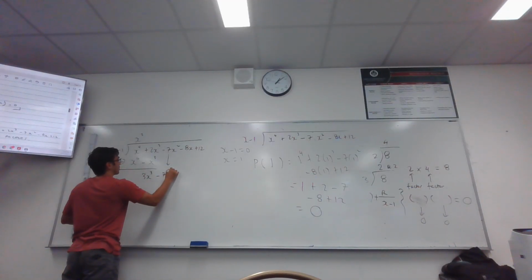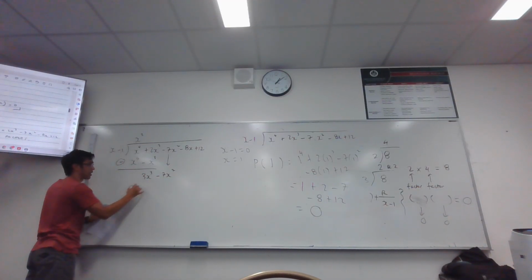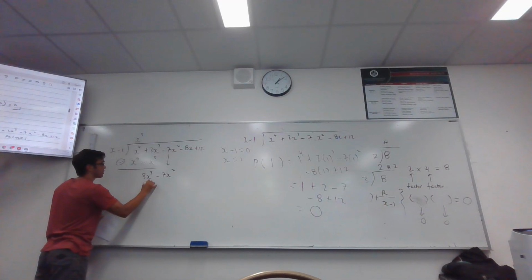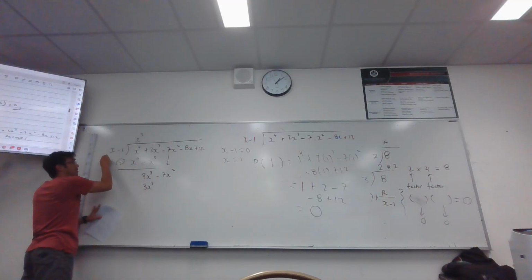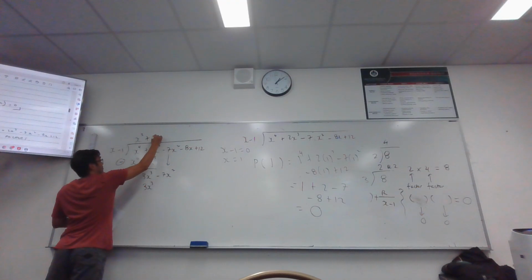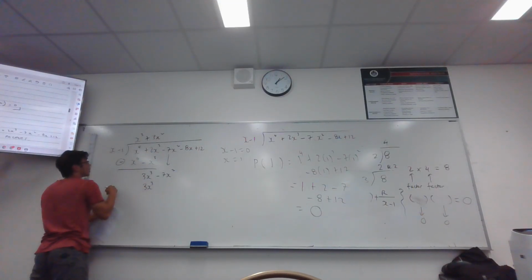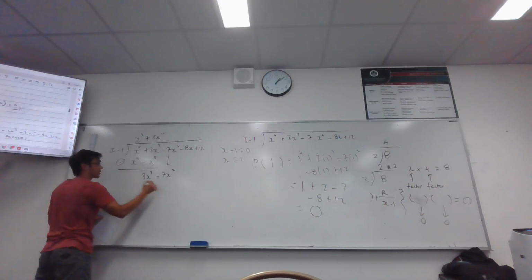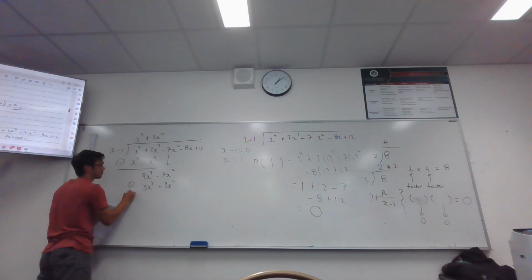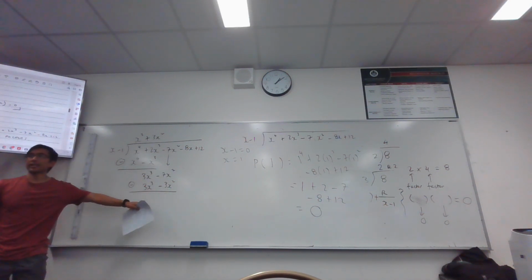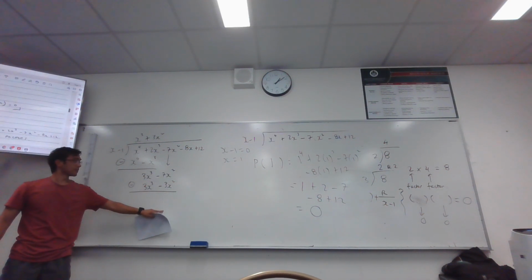Excellent. Okay. Thank you. We want a 3x cubed here. Amy, what needs to be up here to get a 3x cubed for this? 3x squared. Negative 1 times the 3x squared, so negative 3x squared. What's the answer going to be here, Nathan?